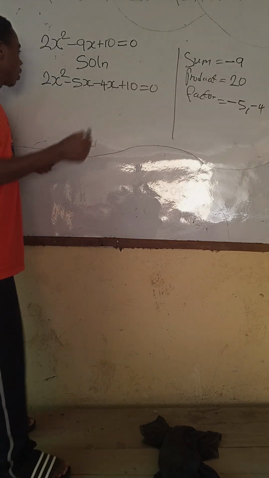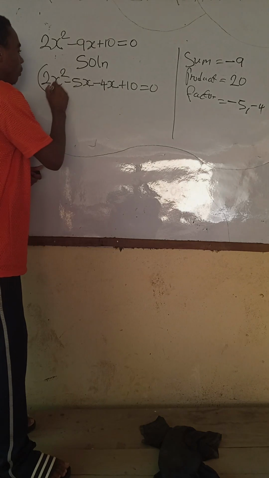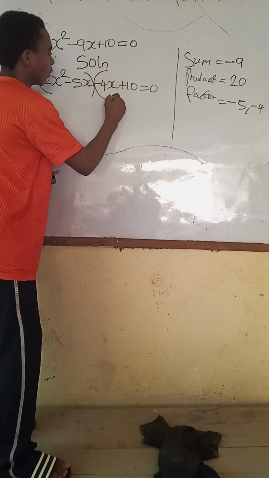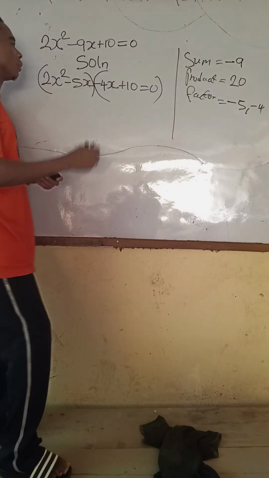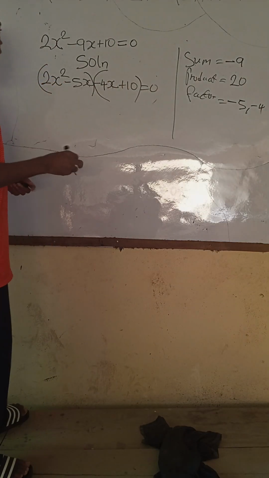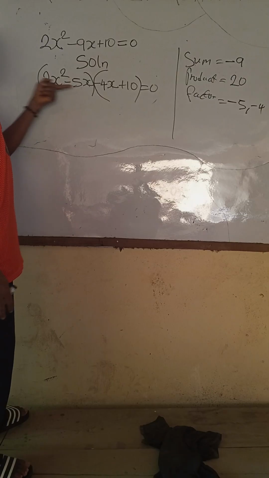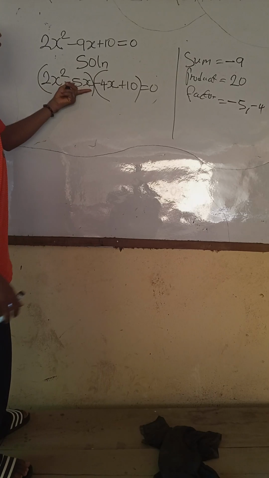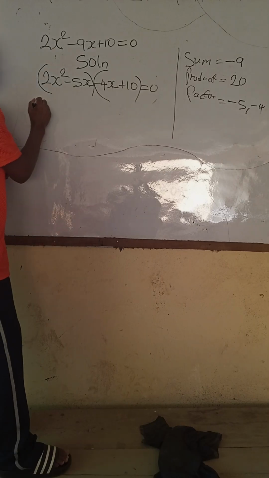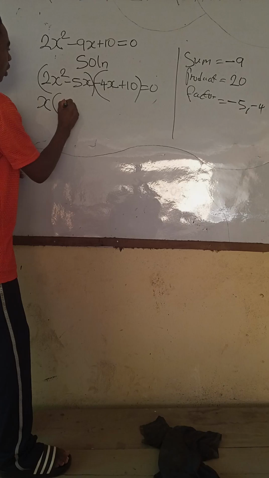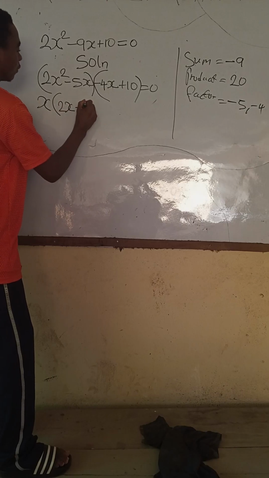Now, we go by grouping. What is common here? x is common: x into 2x minus 5.